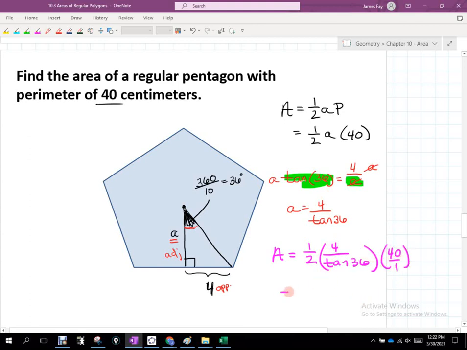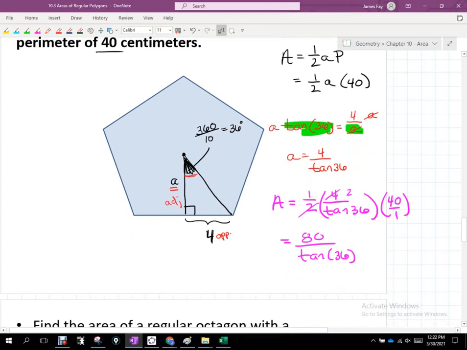Even though this has a word in it, I still treat it just like a number. Tangent 36 is just a number. So I'm going to cancel that 4 and that 2. So I have 1 times 2 times 40, which is 80, divided then by tangent of 36. I like for us to be able to do that algebra, because refining our algebra skills is always a priority no matter what math class we're in. So that is the exact answer.